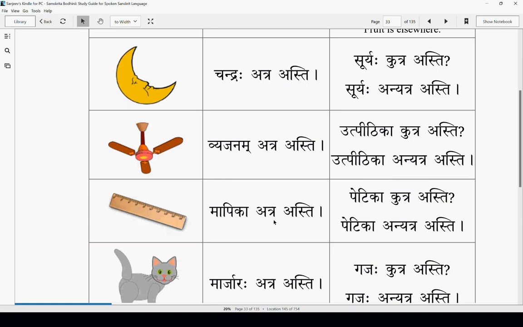Generally, it is true. For example, mapika atra asti. You can put asti also in the beginning. Asti mapika atra. Atra mapika asti. Atra asti mapika. Generally these can be shuffled, but in some cases the meaning might change.